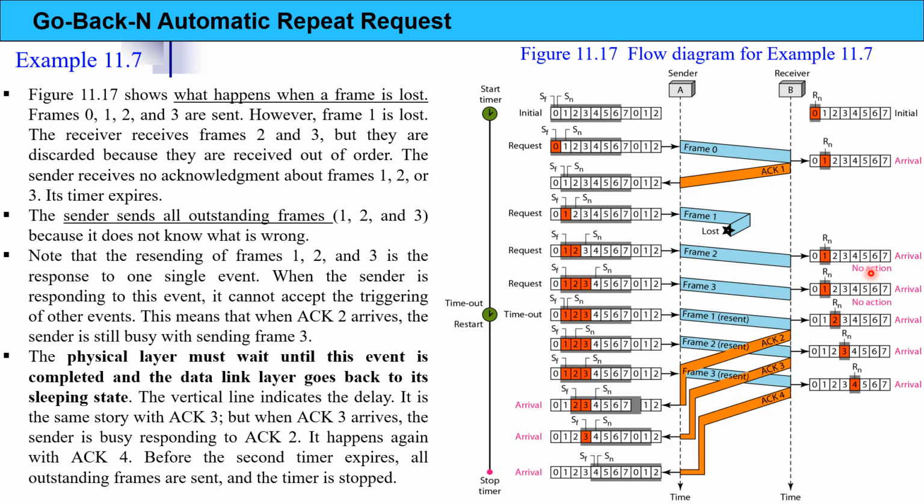From this example, what is the main disadvantage of Go-Back-N that we need to enhance in the next protocol? In each protocol we find its advantage or problem, so we enhance it in the next protocol. So what is the disadvantage from this example in this protocol?